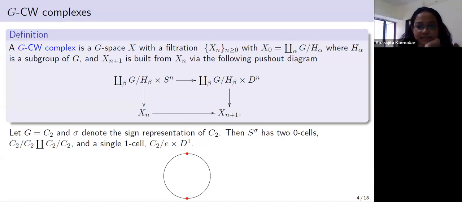So the zero cells are the North Pole and the South Pole. Although in the diagram you can see two copies of D^1, we call it one single cell. So this is C2/E cross D^1. So it has two zero cells, C2/C2, and one cell, C2/E cross D^1.